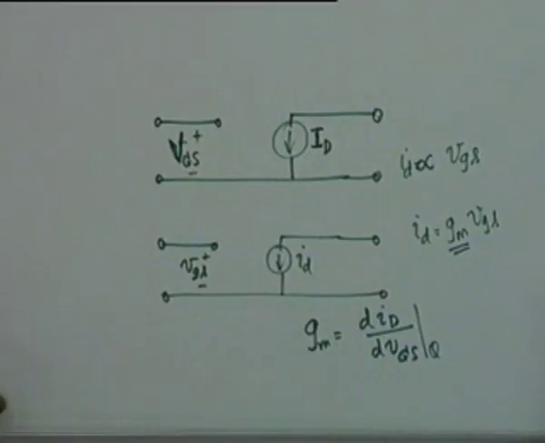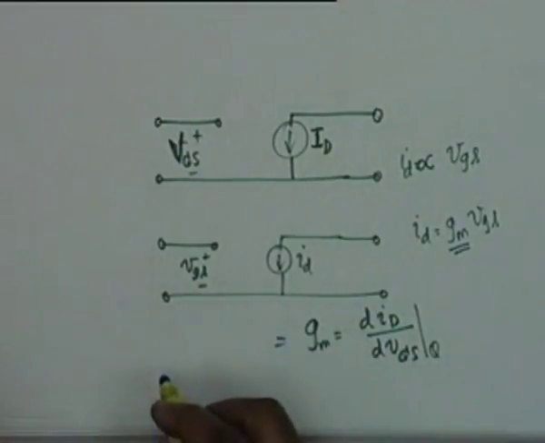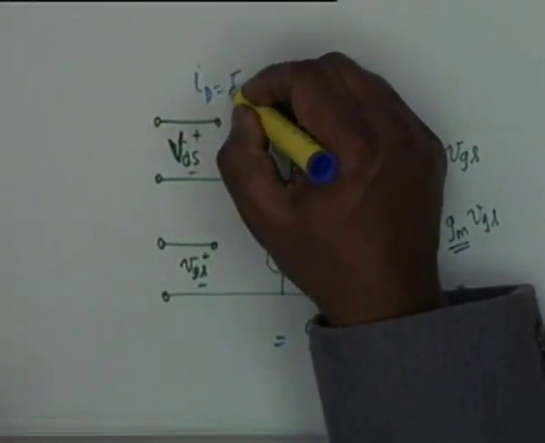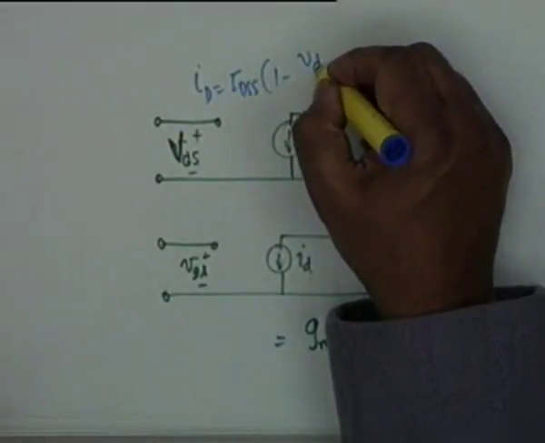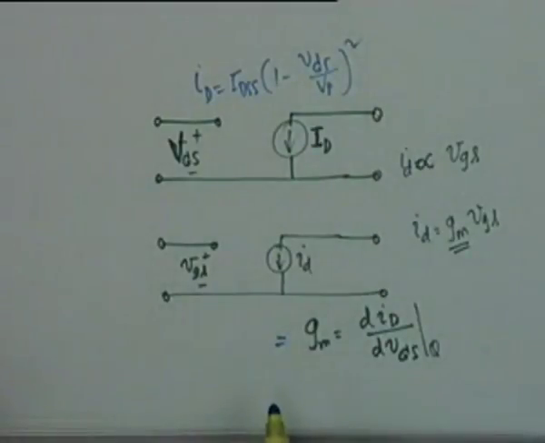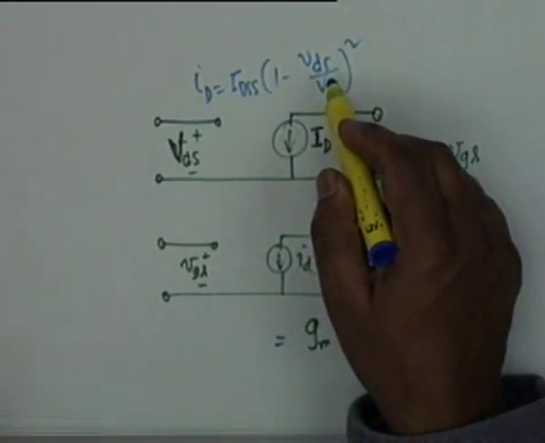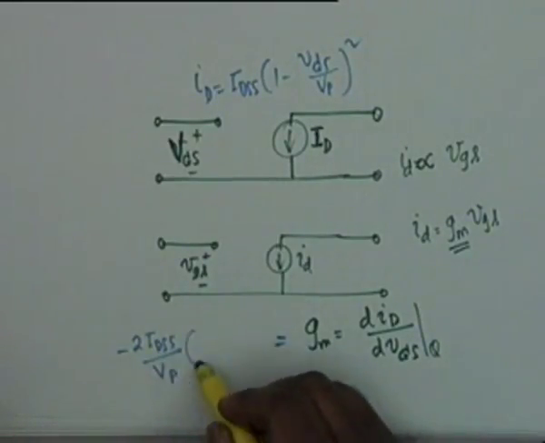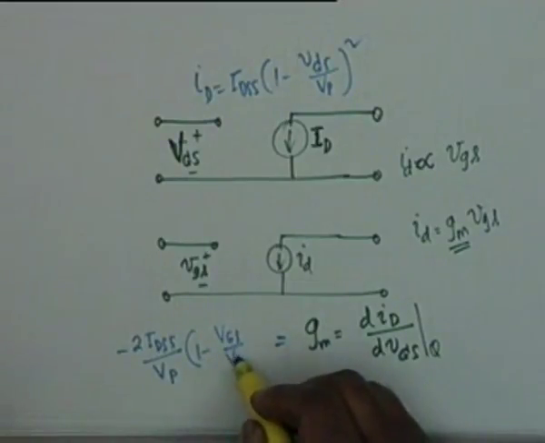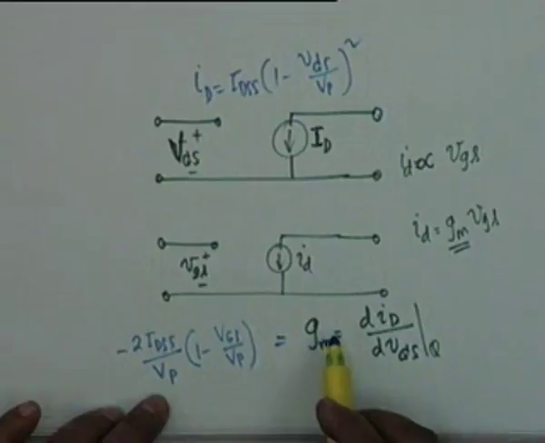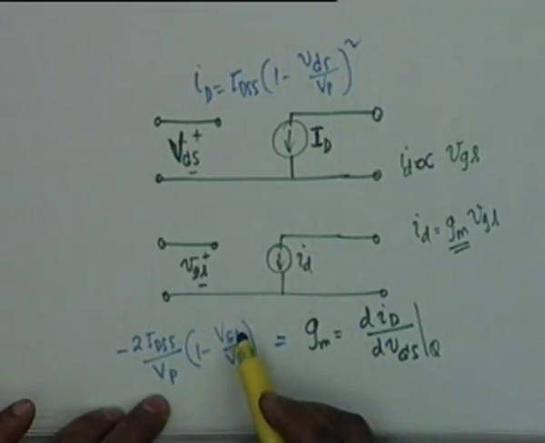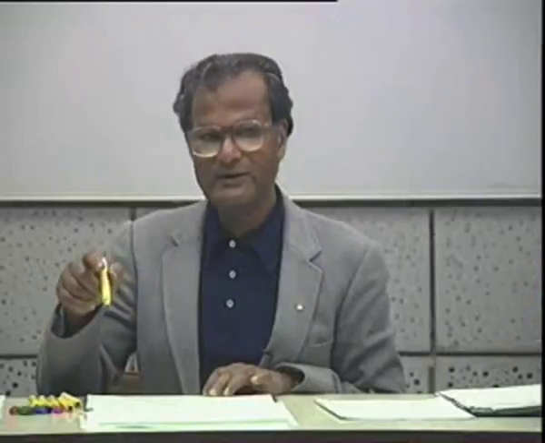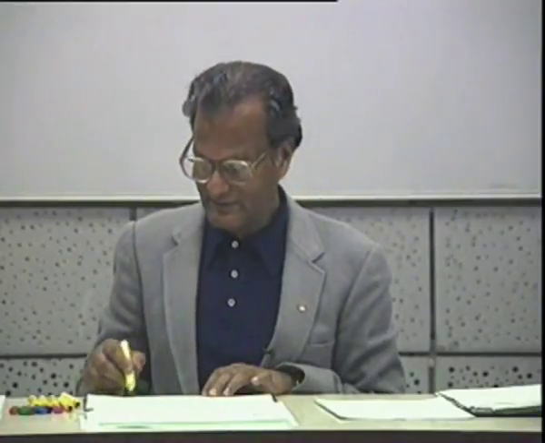If you take the characteristic, ID equal to IDSS times 1 minus VGS divided by VP, whole squared, and differentiate this, you get minus twice IDSS divided by VP times 1 minus VGS divided by VP, and you see that gm is indeed linear with respect to VGS. VGS is the operating point, that is the DC gate to source voltage. We will start from this point next time.